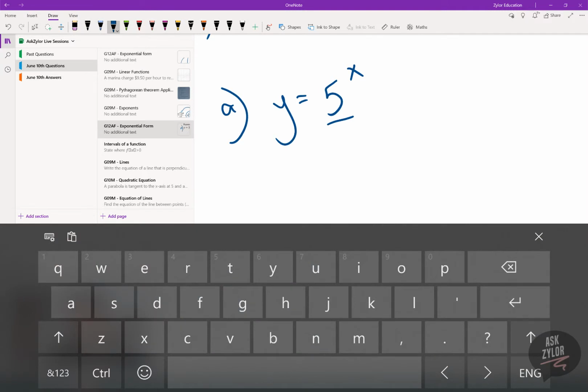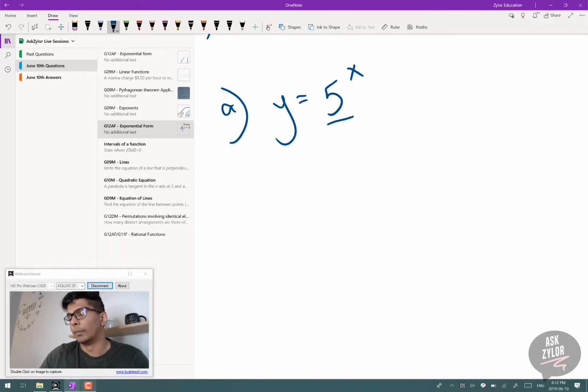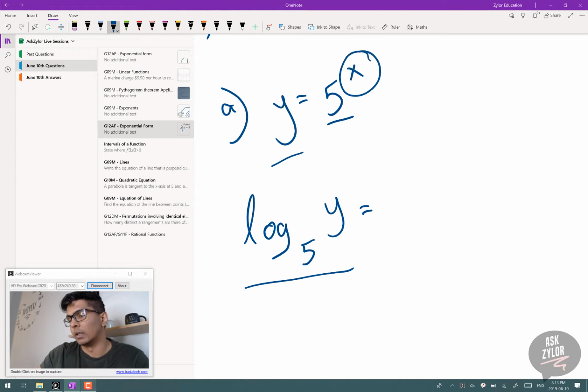So 5 is being raised to some power, right? That immediately tells me that becomes my base, log base 5. Okay, and then it's being raised to some exponent x to give me a term y. So that y is inside my logarithm, and the logarithm should output the exponent that 5 is being raised to. So in this case, it's x. So this entire logarithm is equal to x.